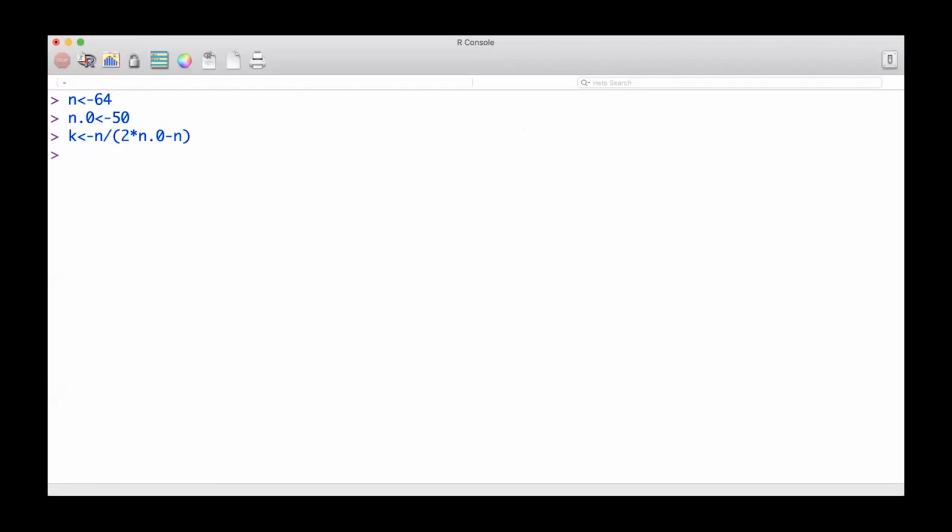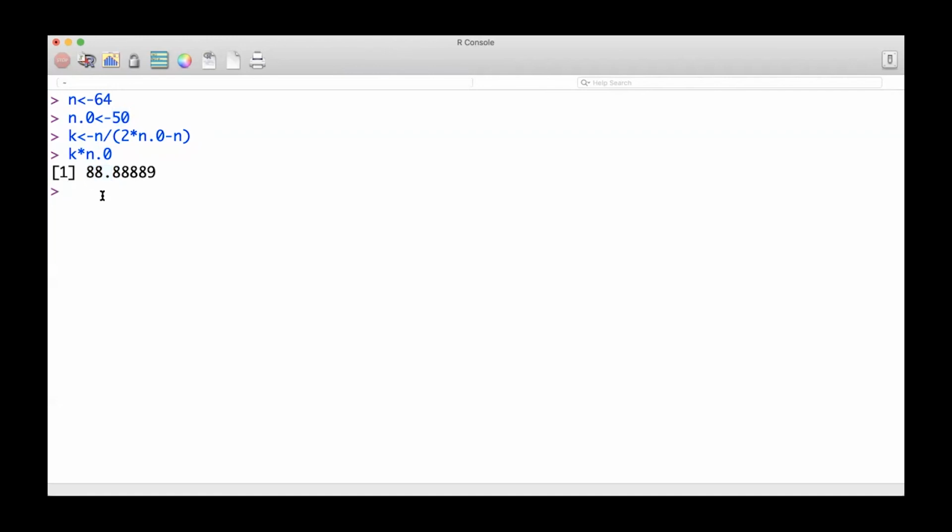Okay. So we have this value K. Now when we multiply K times n naught, we get 88.89. What does that mean? That means we know we can enroll 50 subjects in our first group. To get equal precision, we have to enroll 89 subjects into our second group.